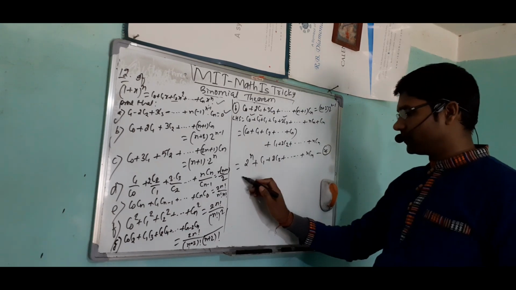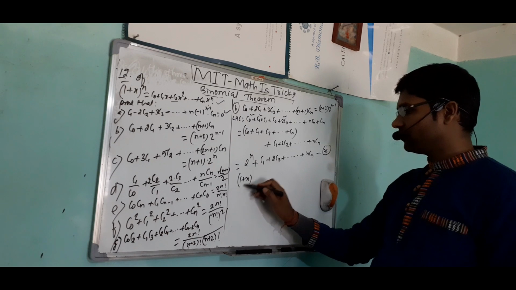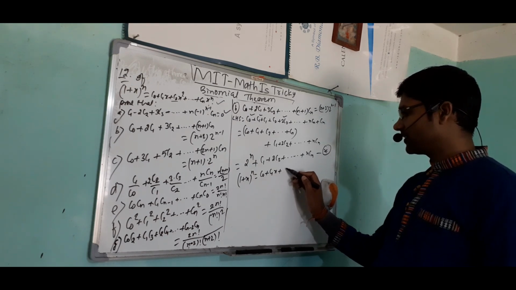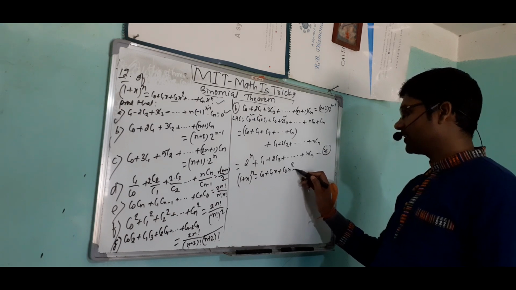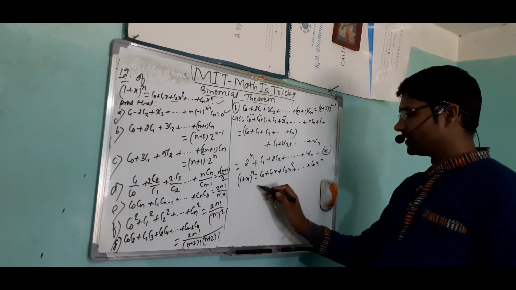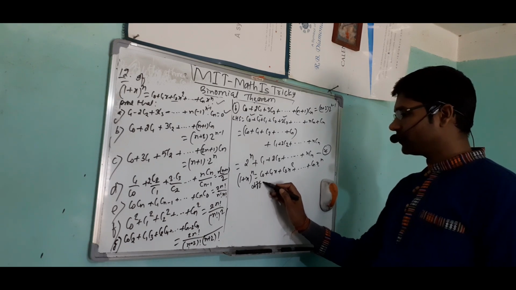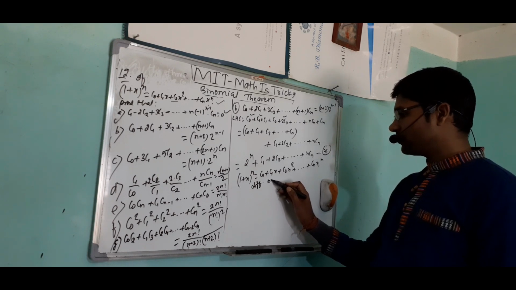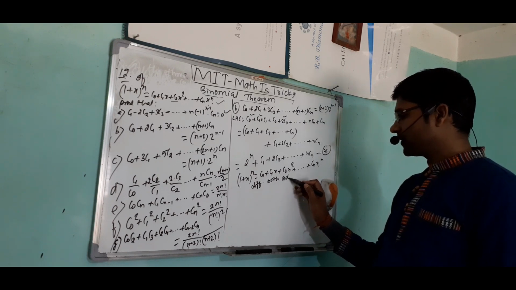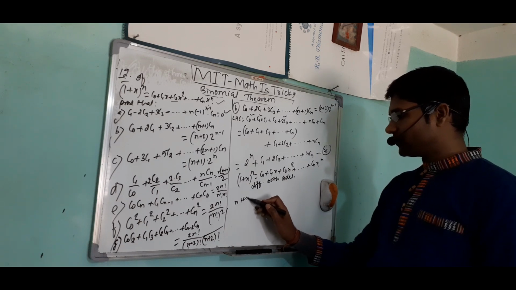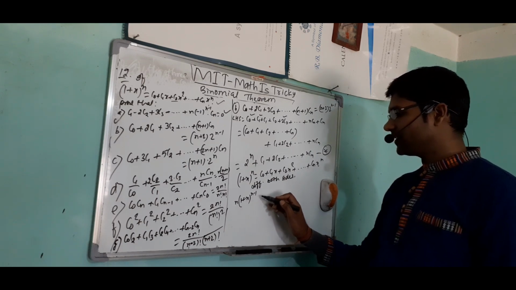So let's use the given (1 plus x) whole power n equals c0 plus c1 x plus c2 x square and dot dot dot cn x power n. So I can differentiate both sides with respect to x to remove this c0. What do we get here? It is simply n (1 plus x) power n minus 1, power rule.